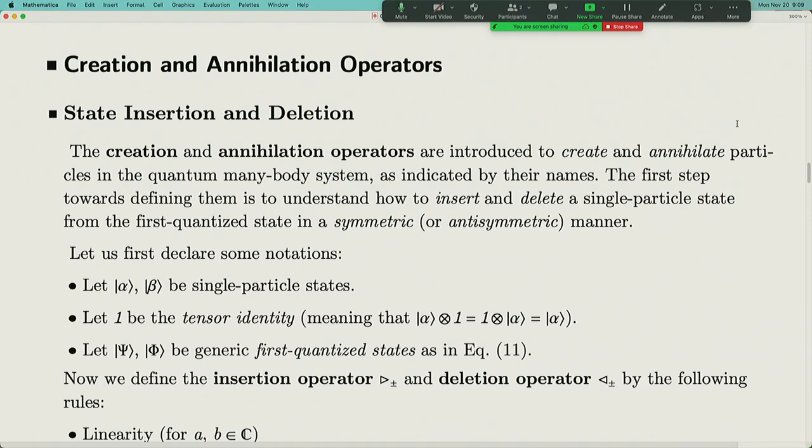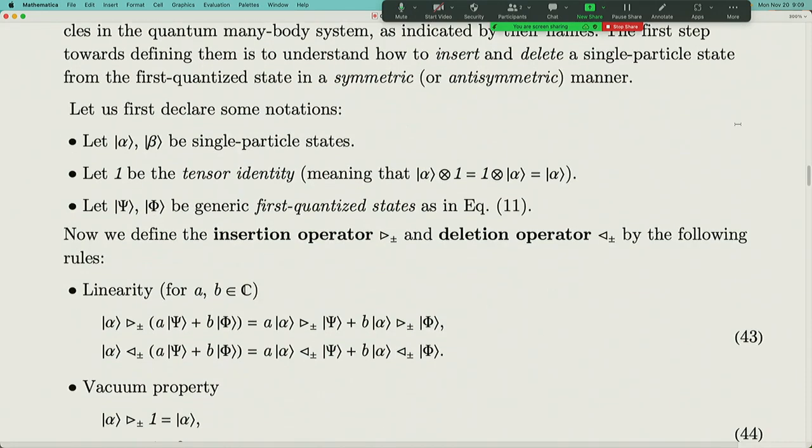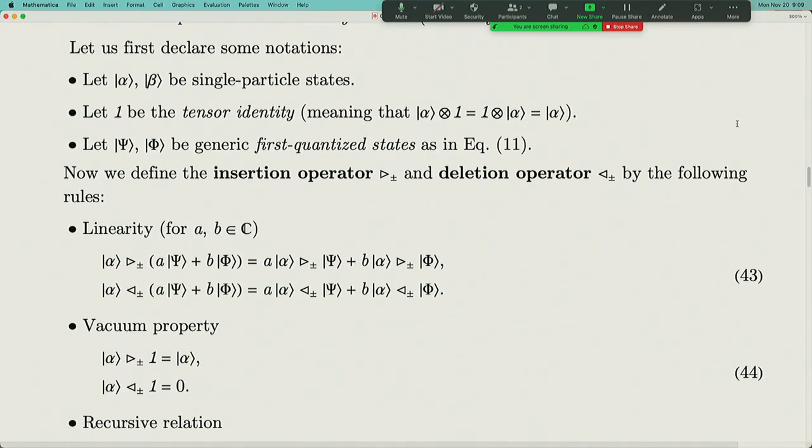So let's first make some definitions. First of all, let's assume that when I write alpha, beta in this small font, Greek letters, they correspond to labels of the single particle states. And let 1 be the tensor identity, such that you should really think of 1 as a 1-by-1 matrix.